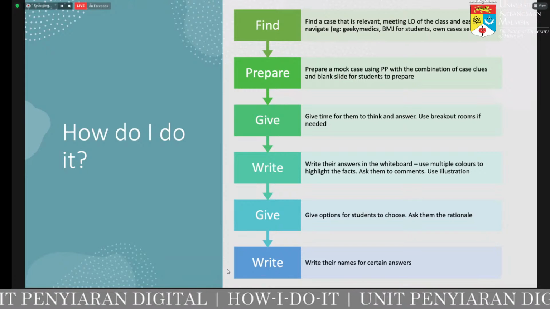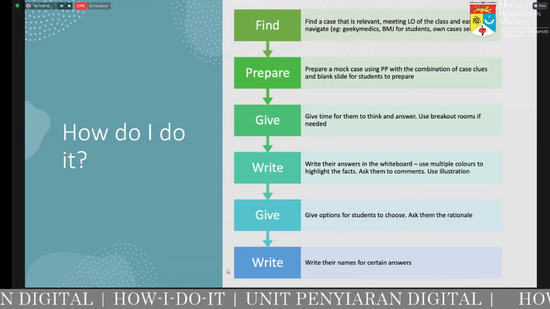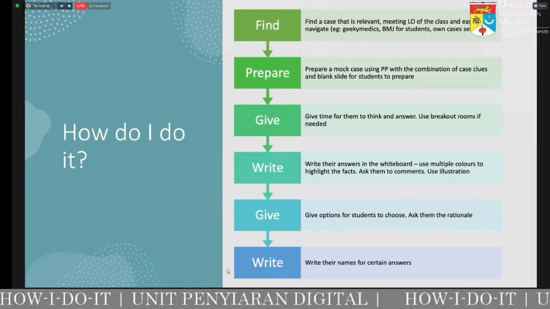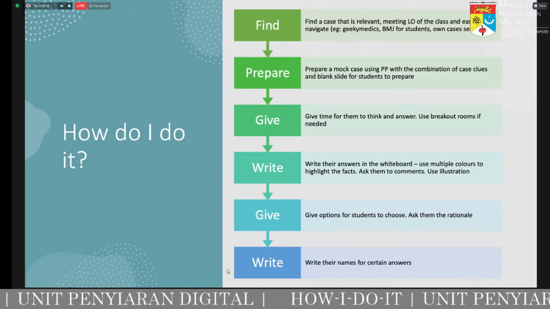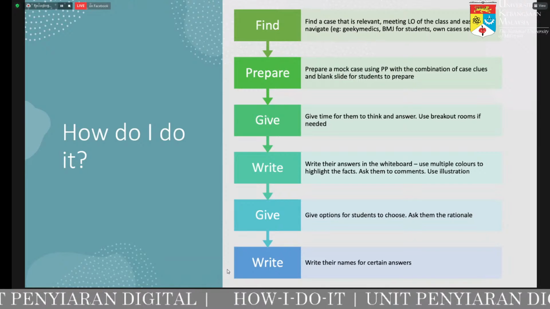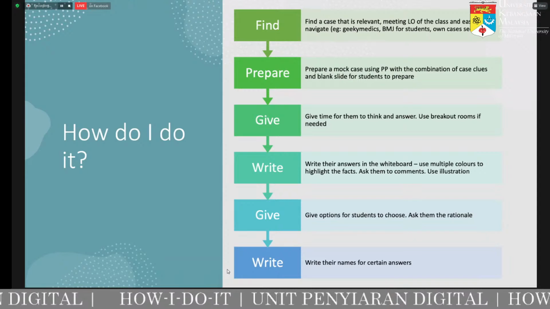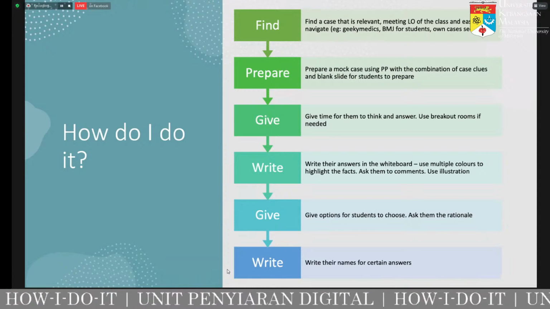However, the things that students actually write, that one the lecturer has to go through manually, which is a bit tedious, right? And also they use the SOAP approach, which I personally do not use or teach the students. Maybe some people do. So SOAP is subjective, objective, assessment and plan, right?